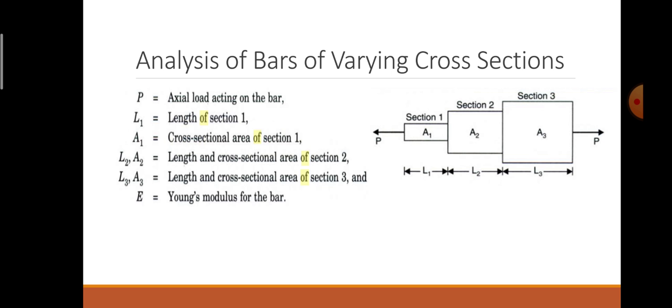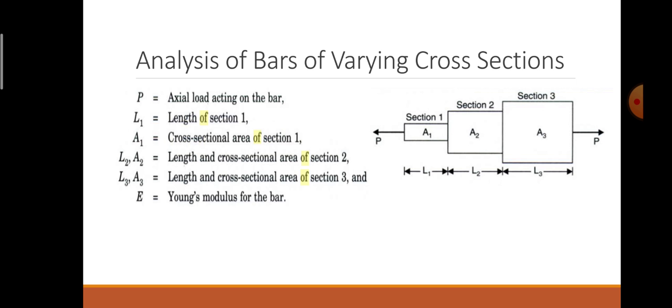So let us assume that P is the axial load acting on the bar, L1 is the length of section 1, A1 is the cross-sectional area of section 1, L2 and A2 are the length and cross-sectional area of section 2, L3 and A3 are the length and cross-sectional area of section 3, and E is the Young's modulus of the bar.